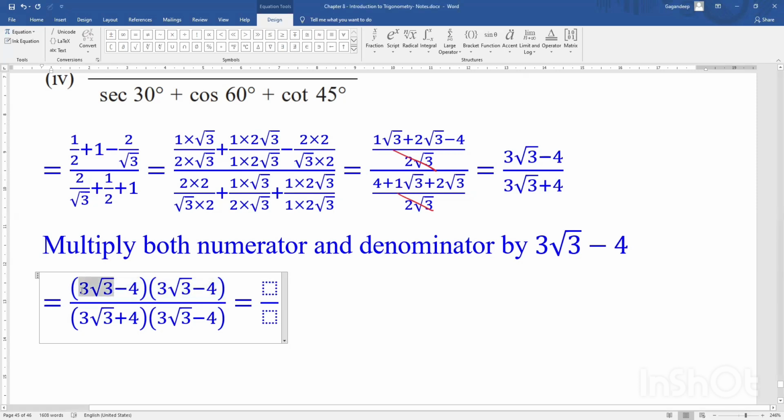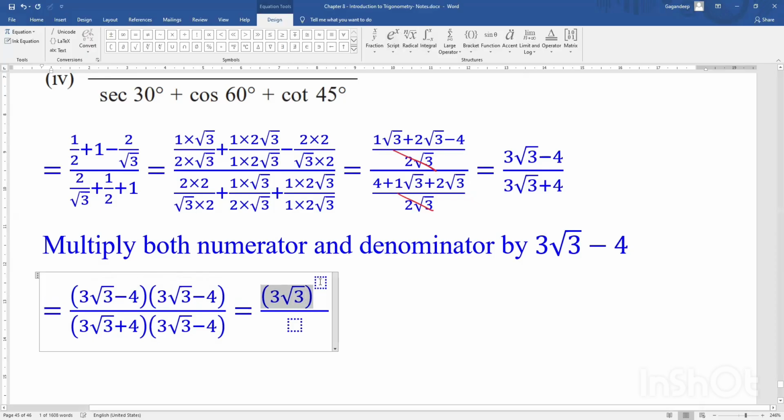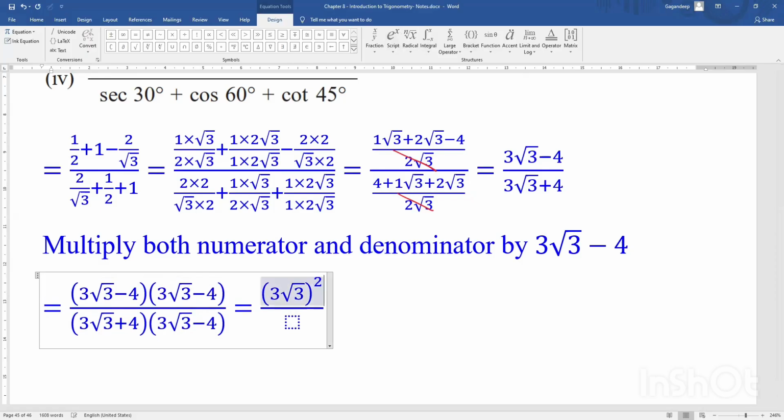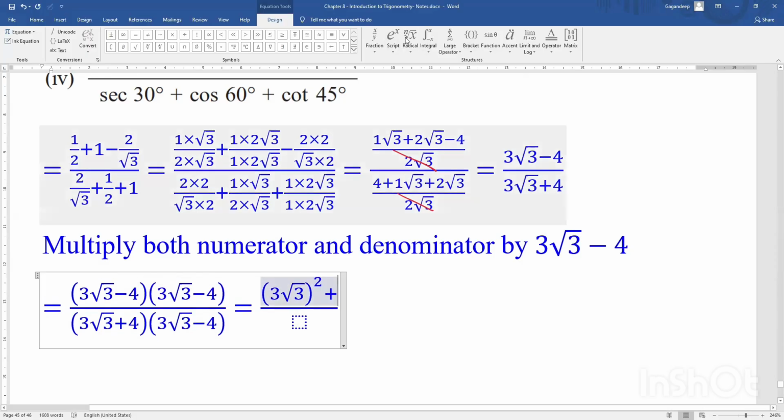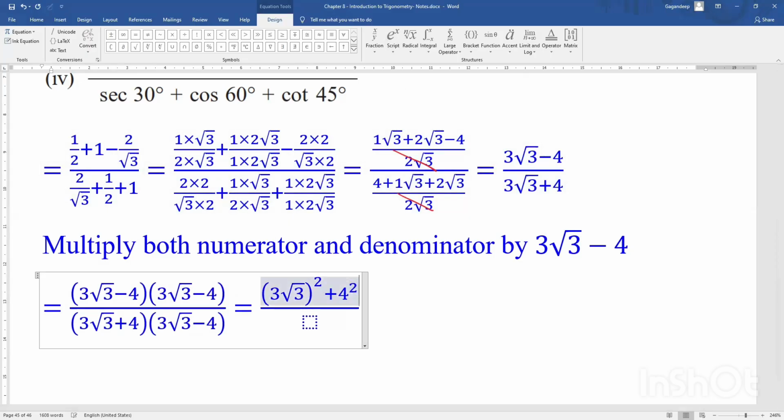So we write it like this: 3 root 3 the whole square, that is a square, and then plus b square. B square means 4 square. And then minus 2ab. 2 into a is how much? It is 3 root 3.